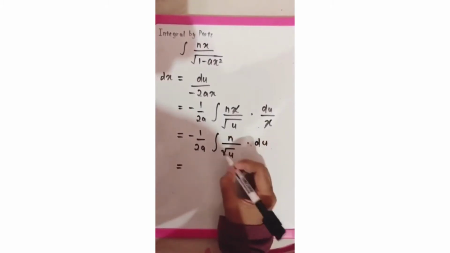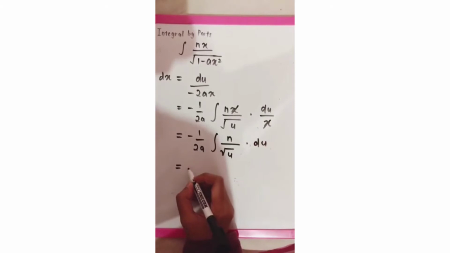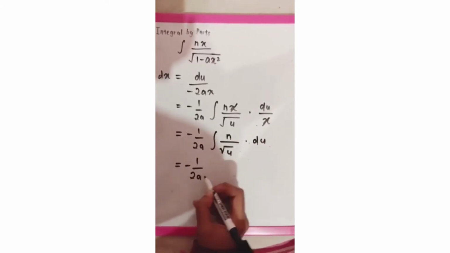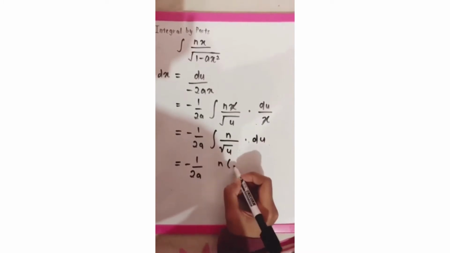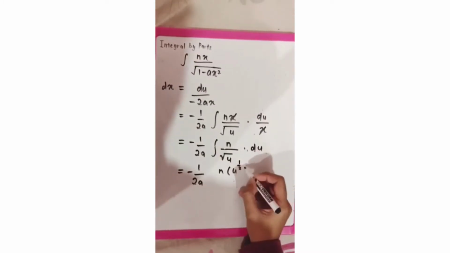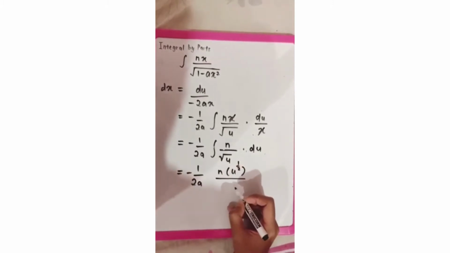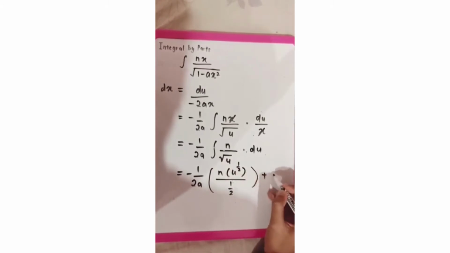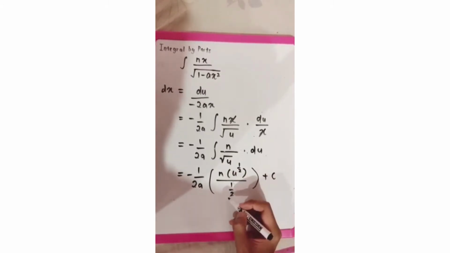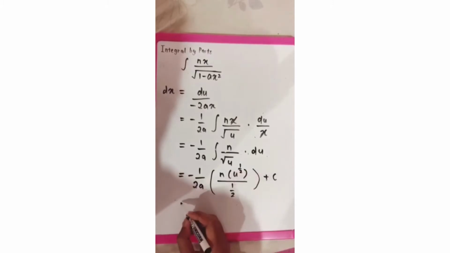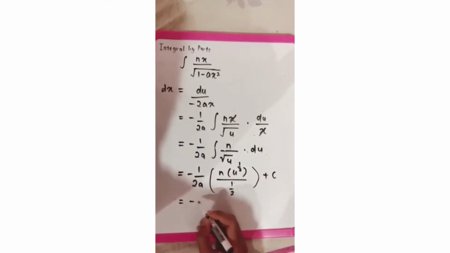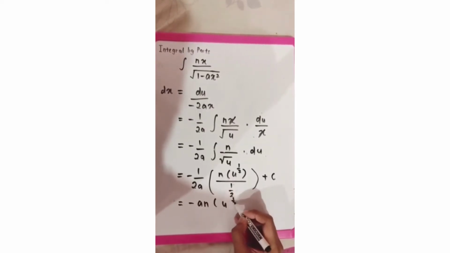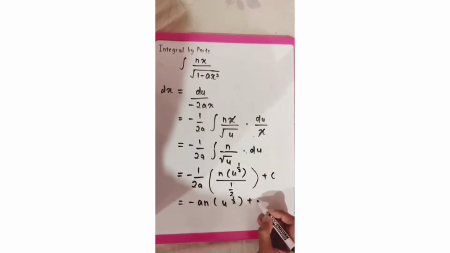Next, we will integrate this one, and it will be -1 over 2a, and u to the 1 over 2 over 1 over 2. Let's see. So put these two on the top, and it will get negative an u to the 1 over 2 plus c.